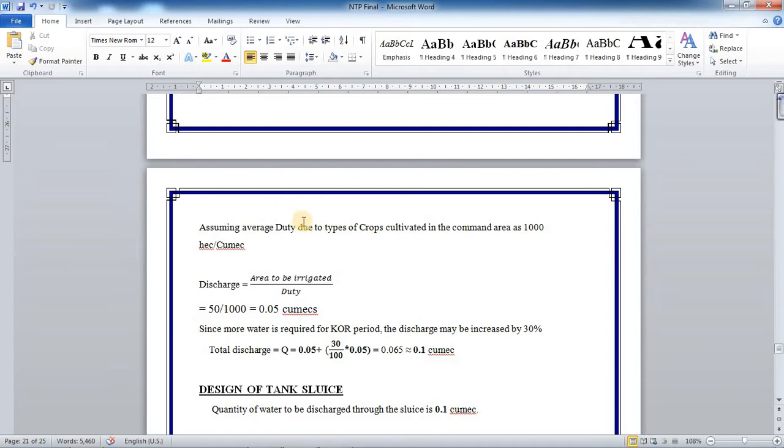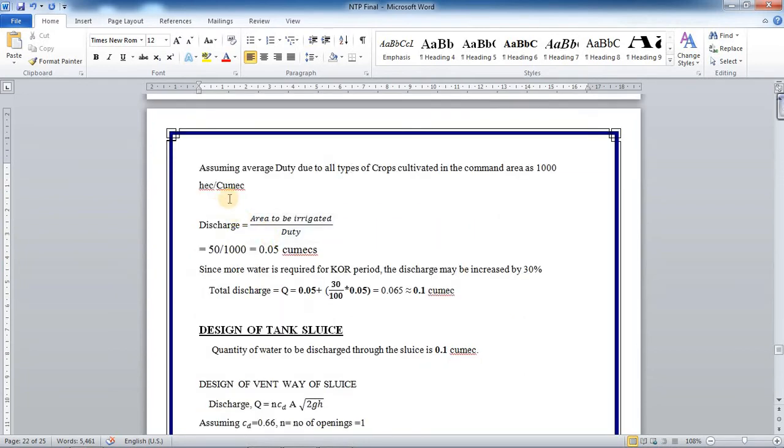Assuming the duty for all types of crops, maybe ragi, maize, rice, and vegetables, as 1000 hectares per cumec, we can calculate the discharge.